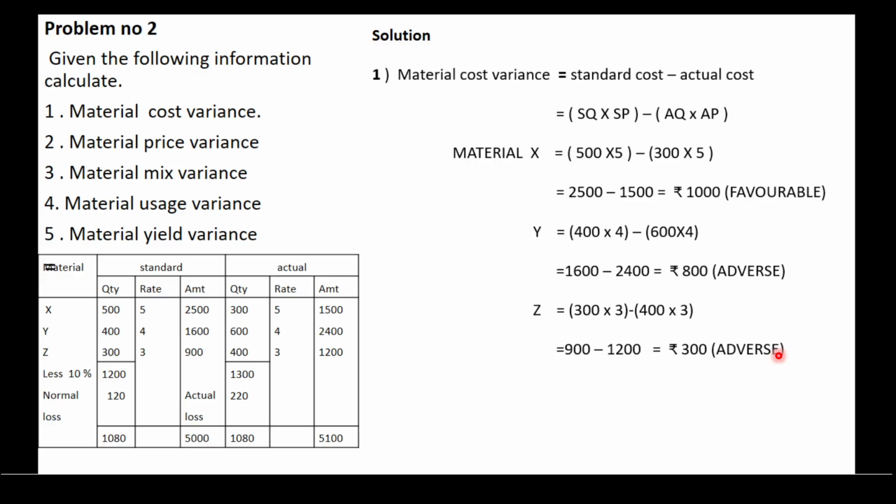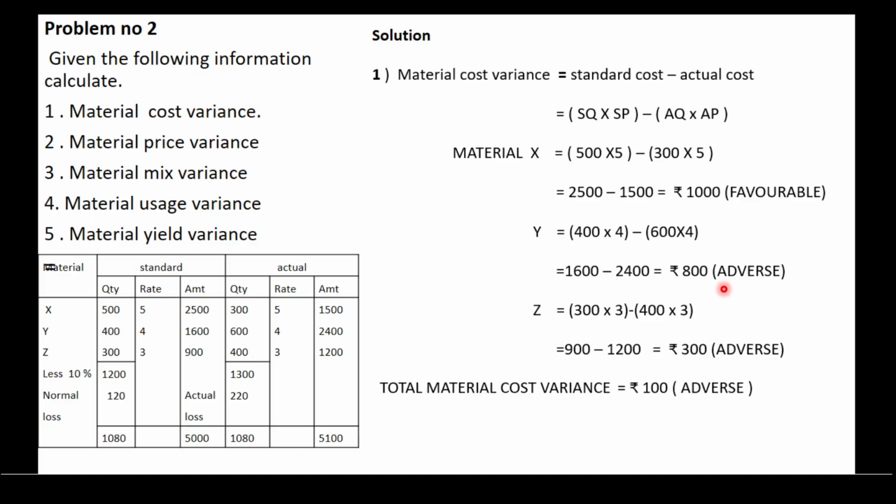And next we calculate the total material cost variance. Means the 1000 for the material X is favorable, rupees 800 for the material Y is adverse, and rupees 300 for the material Z is also adverse. So here the total adverse amount is more than the favorable amount.